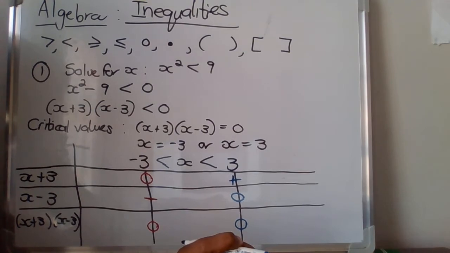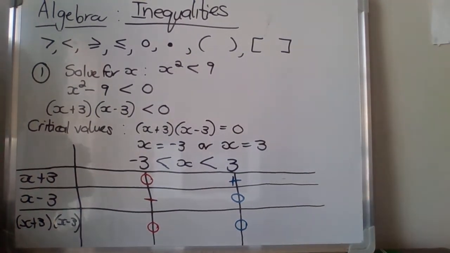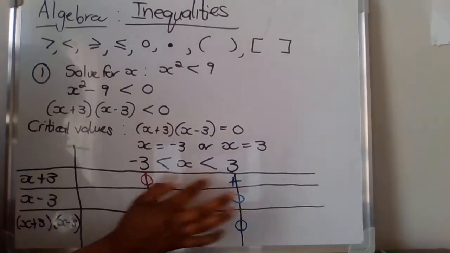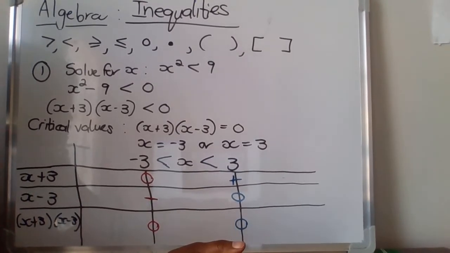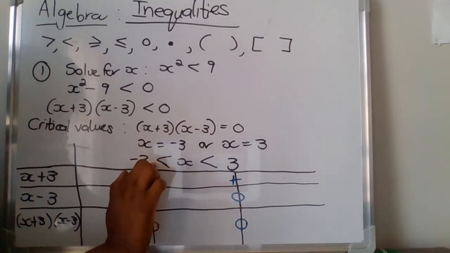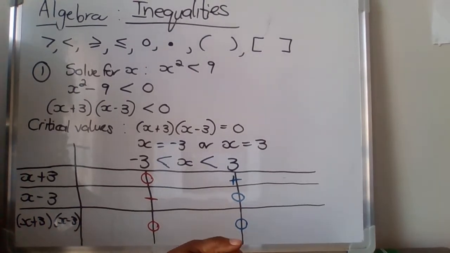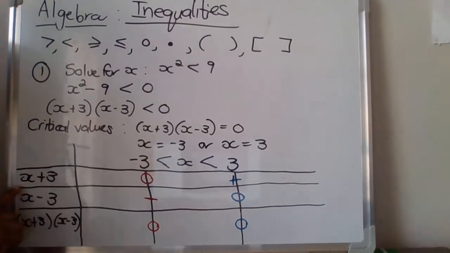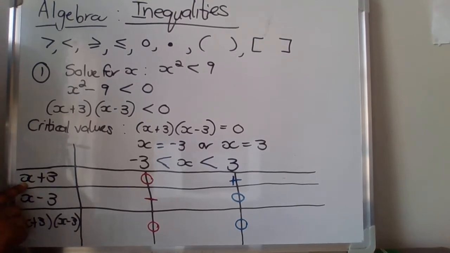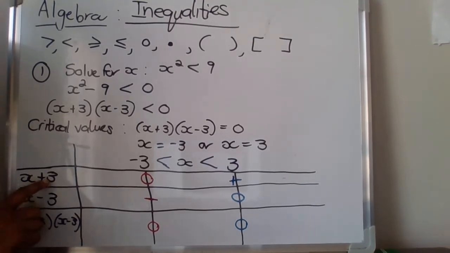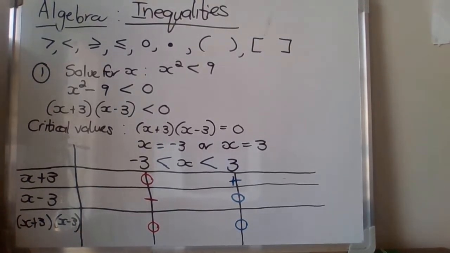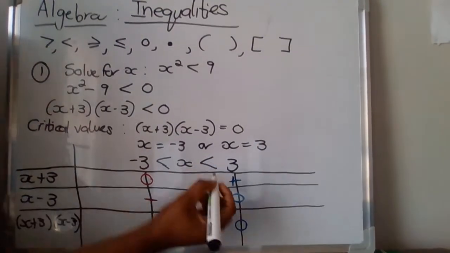You with me? Okay. So now, in between these numbers, you can choose any value you want between minus 3 and 3. So let's say maybe we choose 1. If x is equal to 1, and I put it in here, I get 1 plus 3. So that value for me is a positive value.